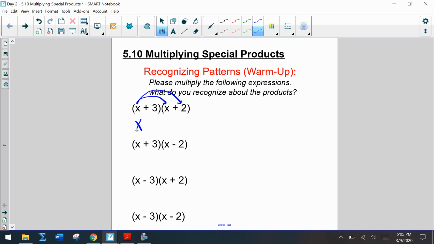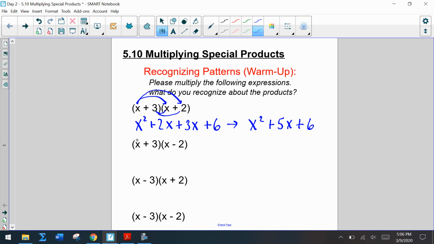So I have x squared plus 2x, and then I have plus 3x plus 6, which then turns into x squared plus 5x plus 6. Okay, how'd you do? Now let's do the next one. And I'm going to draw the arrows with my pencil.